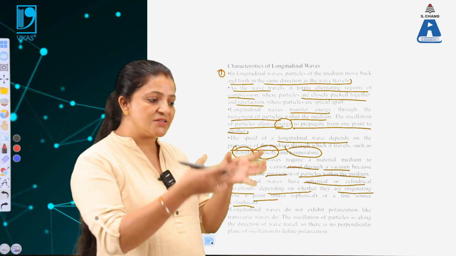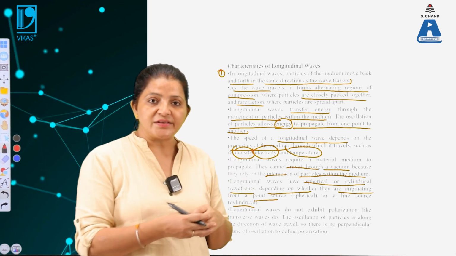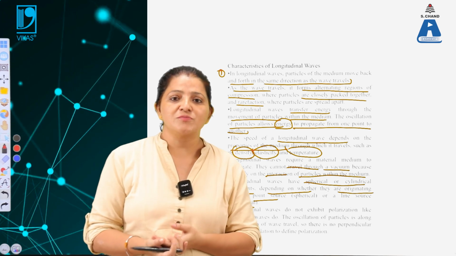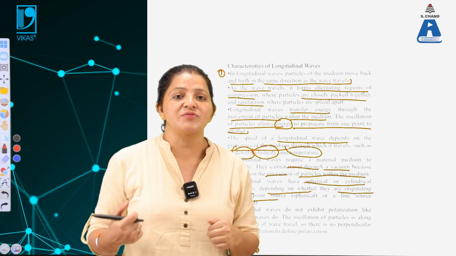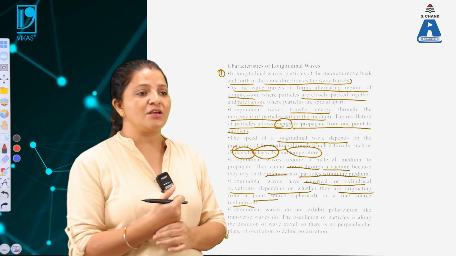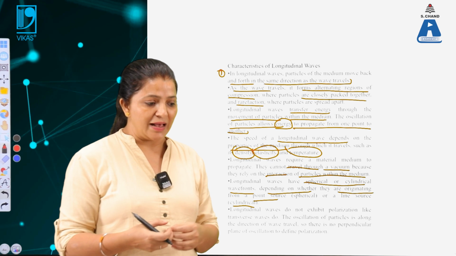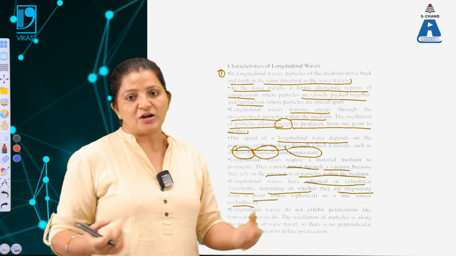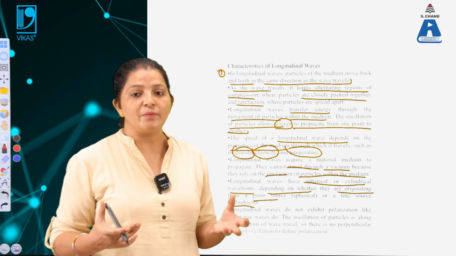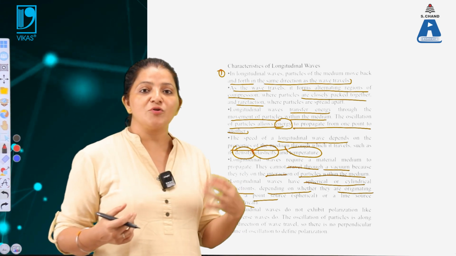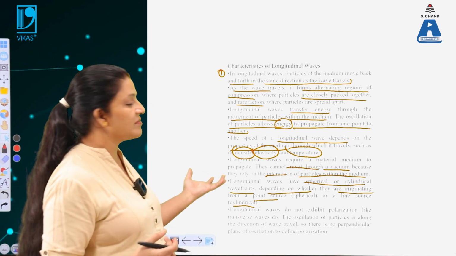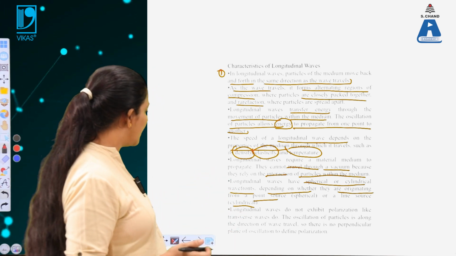And when the light originates from a tube, which is cylindrical in form, the wavefront will be cylindrical. So it depends upon the shape of the source from where the longitudinal waves originate. When the spring is in the form of a tube, we must have a cylindrical wavefront, and when the spring size or shape is in the form of a point, then we will get a spherical wavefront. So depending upon that, the longitudinal wave can be spherical or cylindrical.